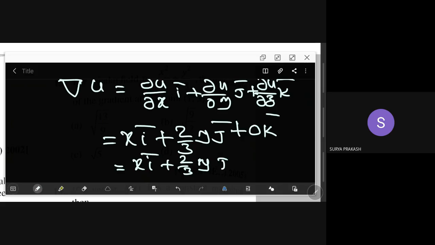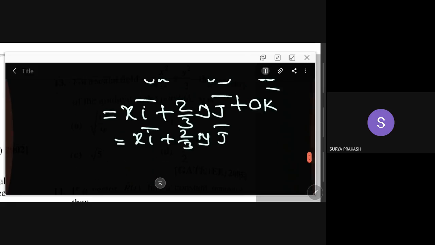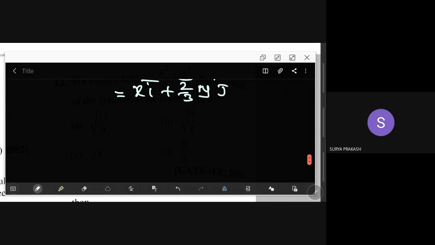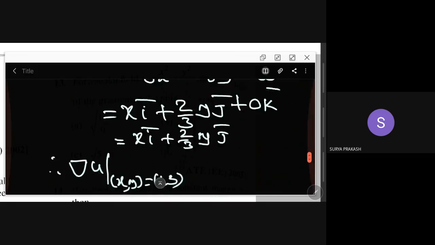Now what is he asking? He is asking for grad u at (x, y) is equal to (1, 3). So in place of x you put 1, in place of y you put 3.